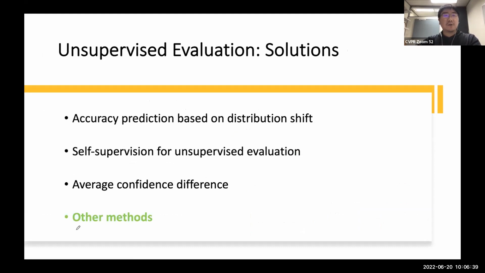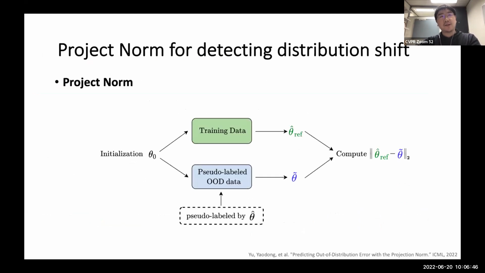So there are also some other methods that can solve this unsupervised evaluation problem. For example, this paper is published this year, I think from UC Berkeley. What they did was, when they have out-of-distribution data, which is unlabeled, they use pseudo labels for this data and use these pseudo labels to train a model parameterized by this data.